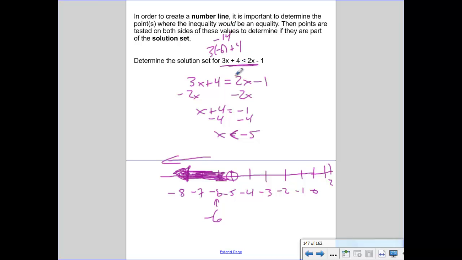On this side of the equation, 2 times -6 minus 1 would be negative 13. Is negative 13 bigger than negative 14? It is. I know 13 is not bigger than 14, but in terms of negatives, negative 13 is indeed bigger than negative 14. So that does seem to work. Because -5 wouldn't work, because both sides would be equal to each other, but they shouldn't be allowed to be.